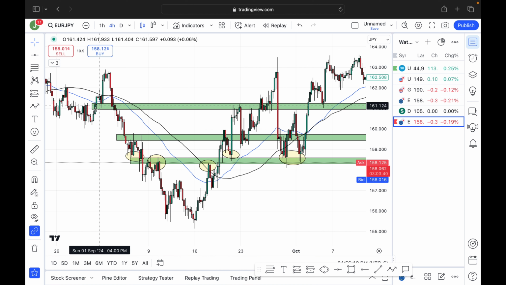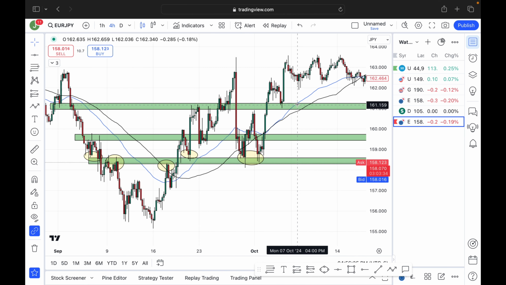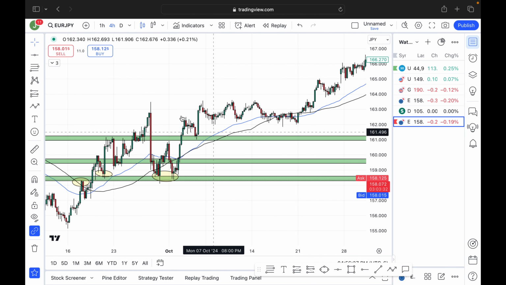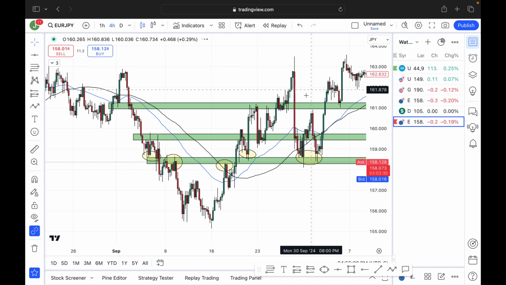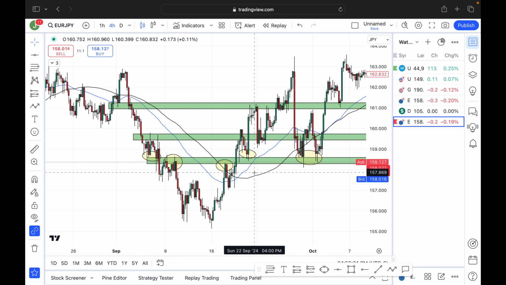As you can see, we have multiple touches in this area over here, another touch here, third touch here. So this tells me that fourth touch, that's a very strong level of support/resistance. So this is when you start combining multiple confluences, this is how you give yourself an edge in the market.